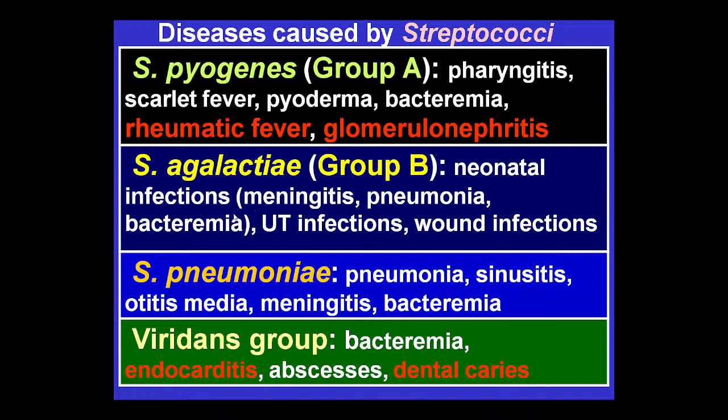They may cause neonatal infections, urinary tract and wound infections. Neonatal infections are really very severe. They very often happen in the labor house or in care facilities. Then Streptococcus pneumoniae. These are very important human pathogens that may cause pneumonia, sinusitis, otitis media, meningitis, and bacteremia in small children. And of course, the group of viridans streptococci that may cause dental caries.